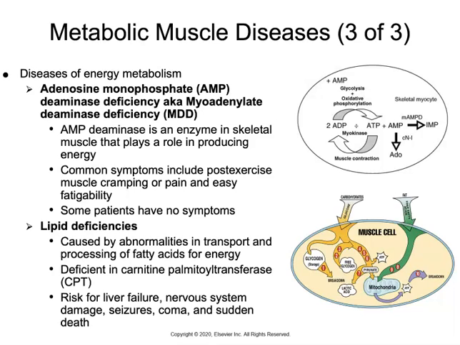So if we have a CPT deficiency, meaning we don't have that enzyme present, then we're going to have symptoms of mild muscle issues with potential for renal failure, liver failure, nervous system damage, seizures, coma, and sudden death.